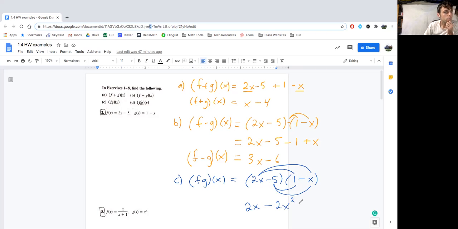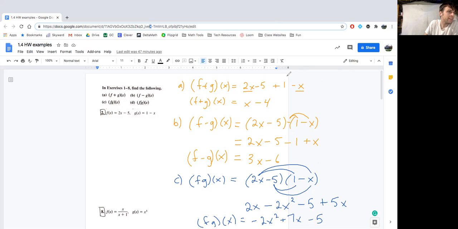Negative 5 times 1 is negative 5, and negative 5 times negative x is positive 5x. And then it's just a matter of making sure these are in proper order. So we'll do negative 2x squared plus 7x minus 5. So that would be our product of these two functions.